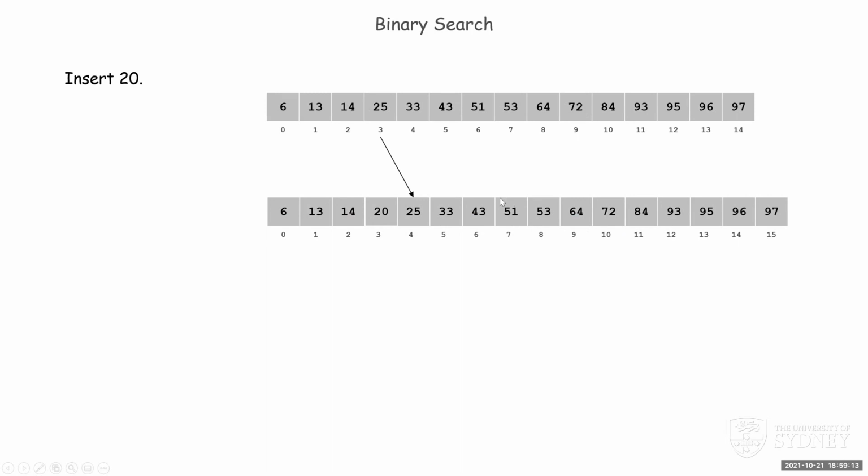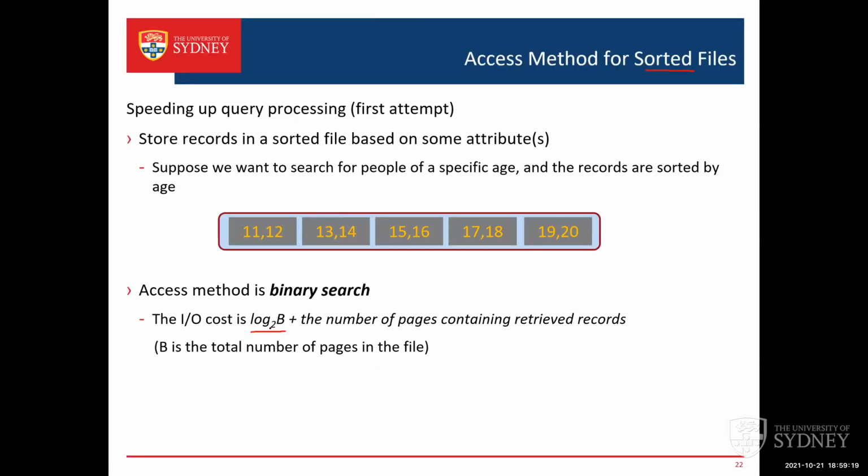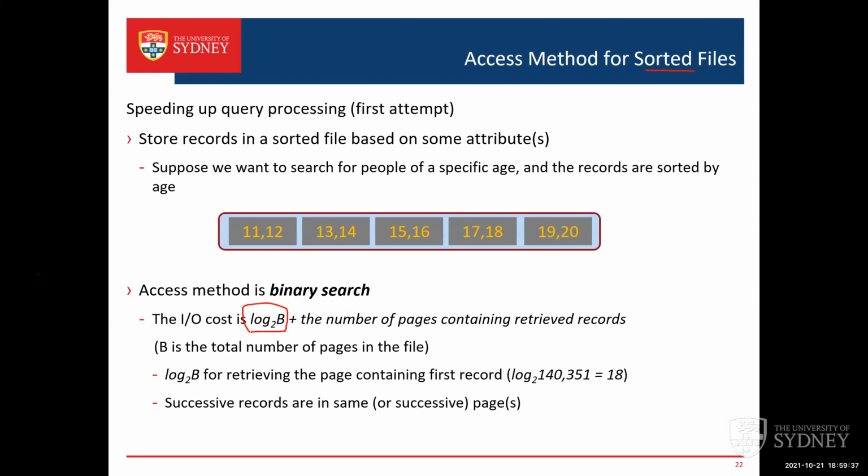So we need to figure out that this one is the data. From here we need to transfer all of the pages, right? So that's what is written in here. Log B plus the number of pages that might contain the retrieved records that we are looking for. Okay, but the main thing is how many comparisons we need to find the first record. After that, how many pages we need to transfer depends on how much data we have from there, right?